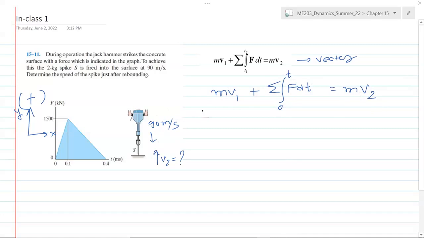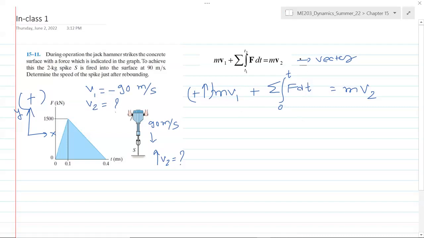Now v1 is the initial velocity of the spike, which is minus 90, negative because we have assumed that going up is positive. v2 is what we need to determine.